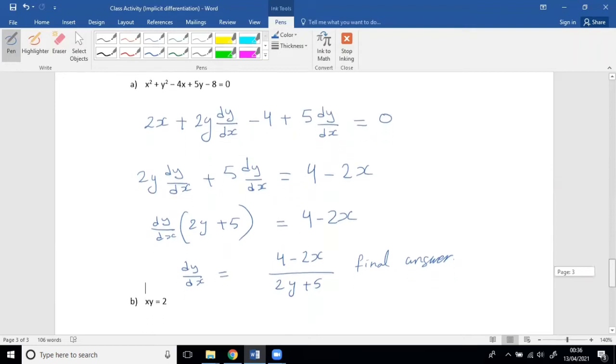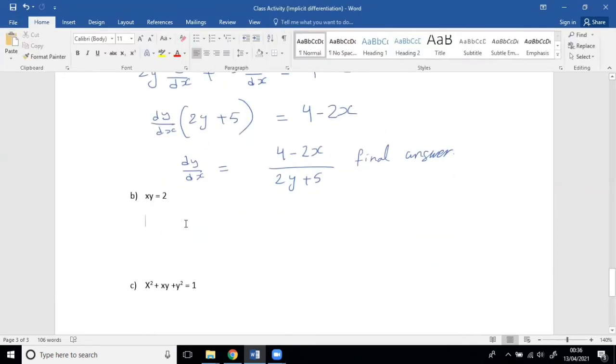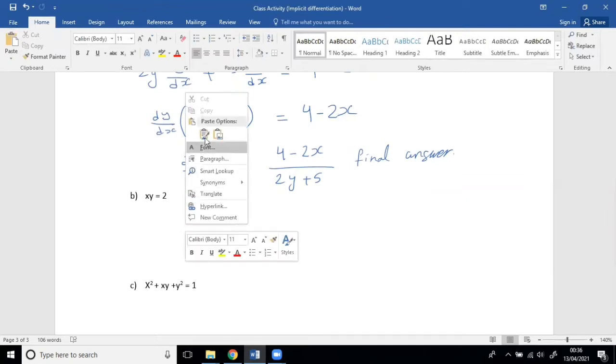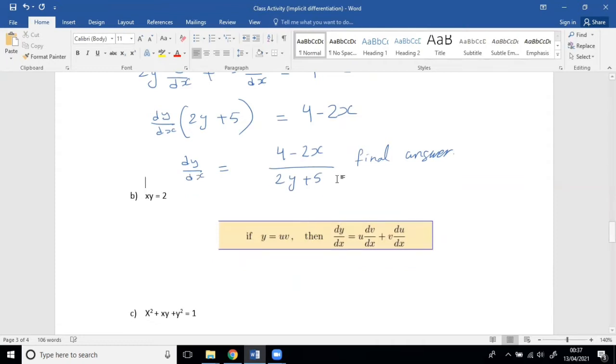Second question. In this case, I have to tackle implicit differentiation, but using product rule. So let me give myself some space.